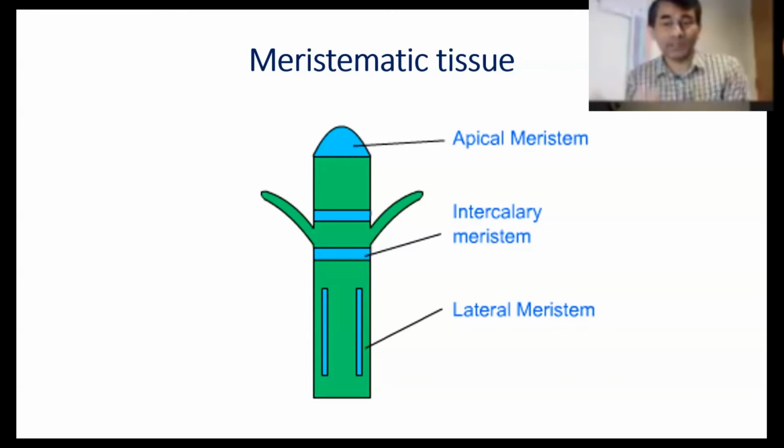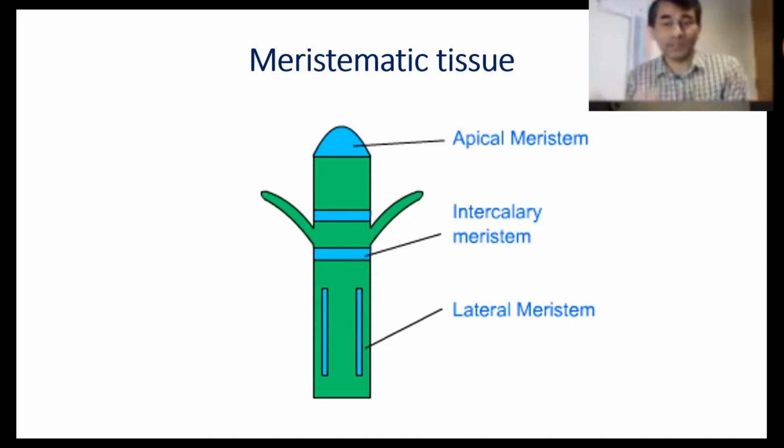located at these points. And depending on the region where these tissues are present, they are divided into apical meristem. You can see it is at the apex. The intercalary meristem is there in some plants located at the nodes. So these are the nodal regions of the meristem.